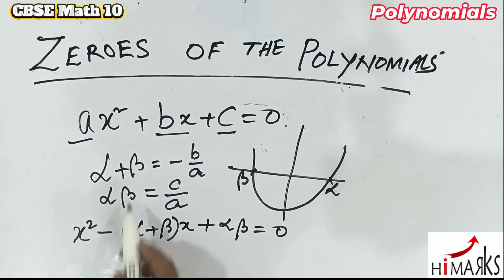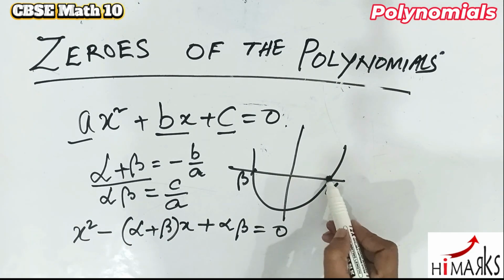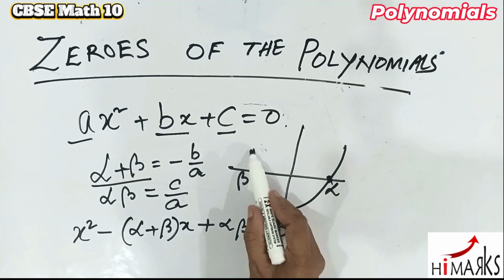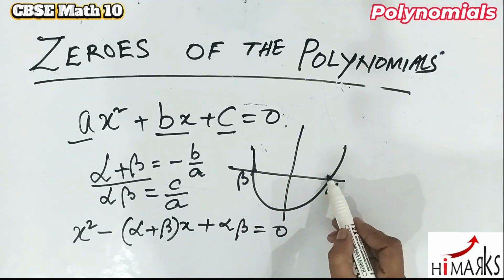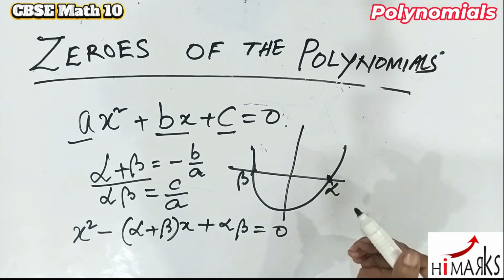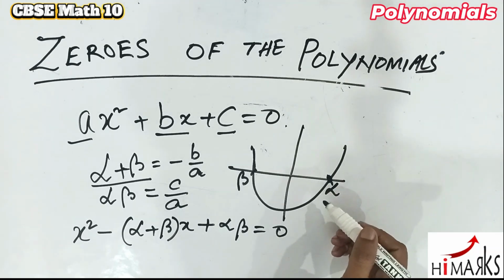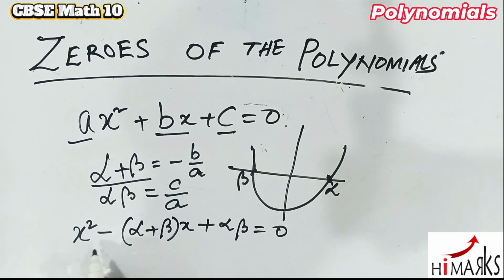So if the roots or zeros are given, where zeros mean where this curve cuts the x-axis, that is the root or zero in a geometrical sense, then this is the way you can get the equation back.